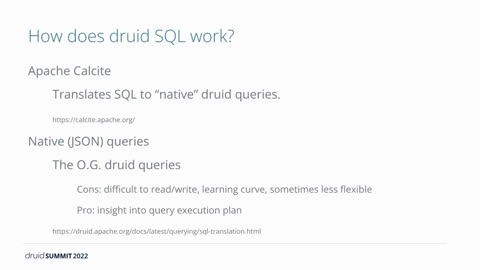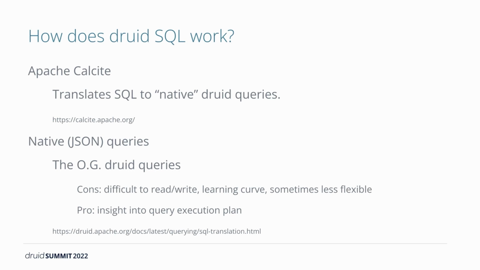So the first thing to talk about is how it works. As I said, originally, Druid was queried with its own query language, but so as not to reinvent the wheel, we use a translation layer called Apache Calcite, which is a general way to translate SQL queries into other kinds of queries for an underlying database.